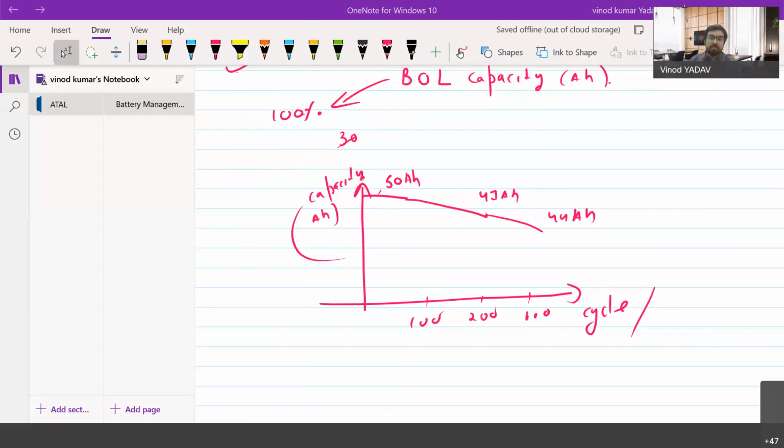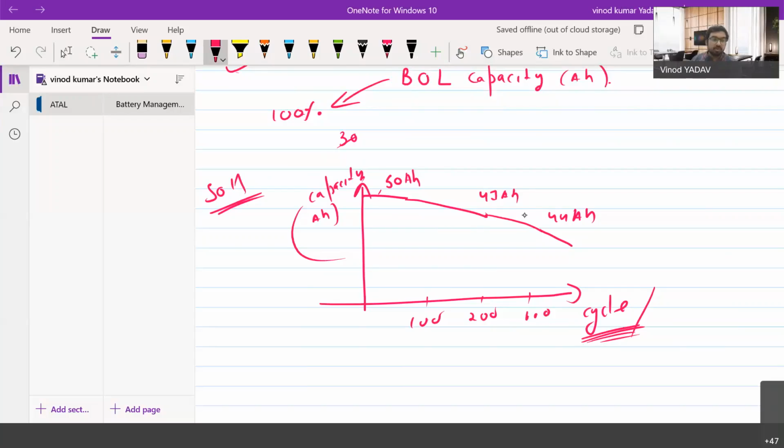So I was saying this is how the graph is plotted. The capacity is deteriorating with respect to the number of cycles. After a certain amount of charge cycles, the capacity is given by this SOH.